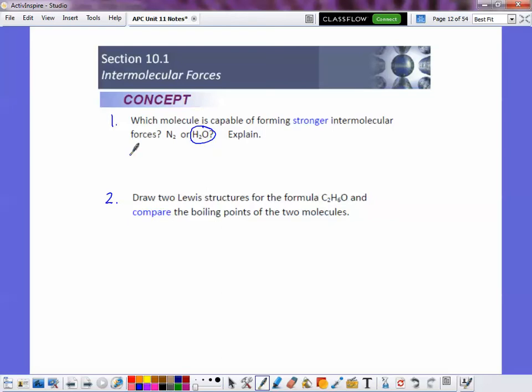So for questions like this, which I talked about when we were doing our last few problems for Unit 9, whenever it's a comparison question, you always need to reference both things. All right? We wouldn't just say H2O because it experiences hydrogen bonding. We need to say N2 experiences London dispersion forces only.